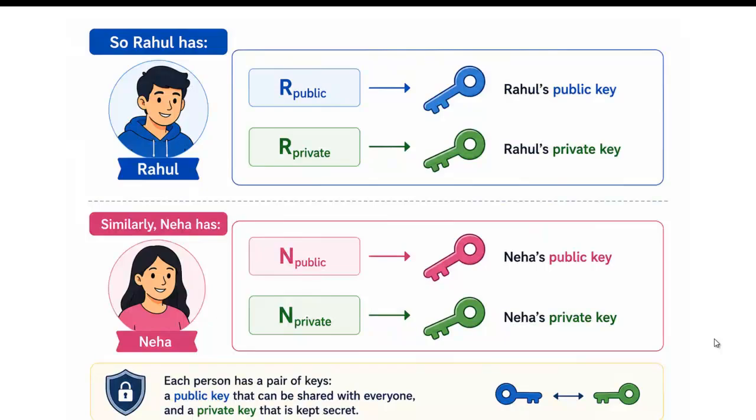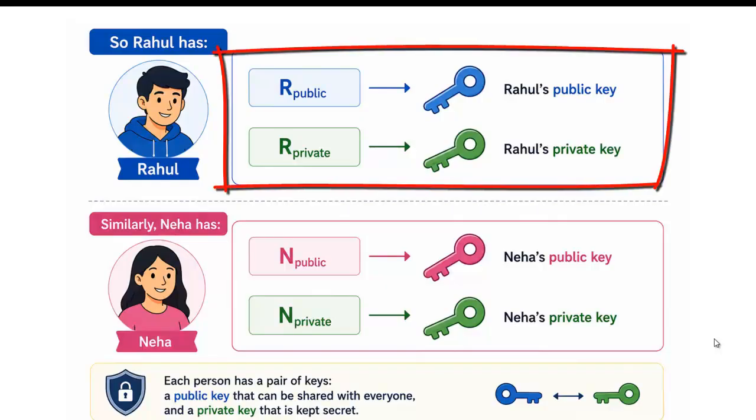In asymmetric key cryptography, every user has two keys, a public key, which can be shared with anyone, and a private key, which is kept secret. So Rahul has these two keys, public and private, which are represented by R public, Rahul's public key, and R private, Rahul's private key.